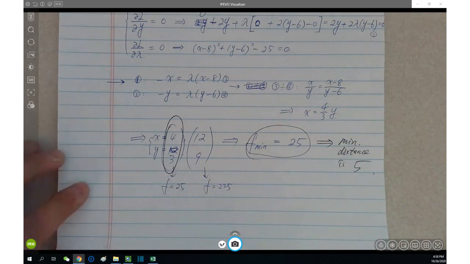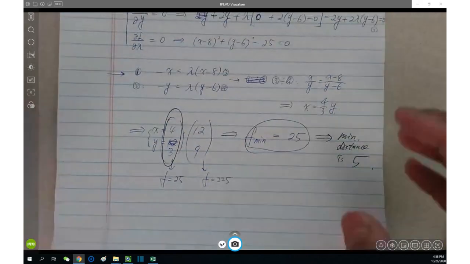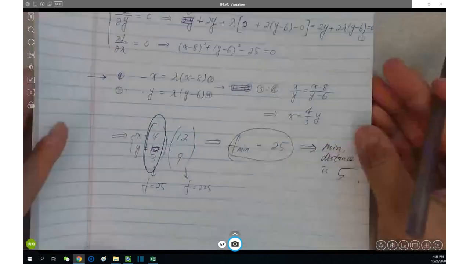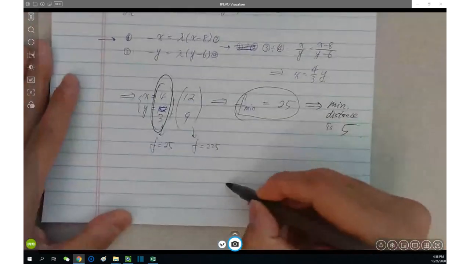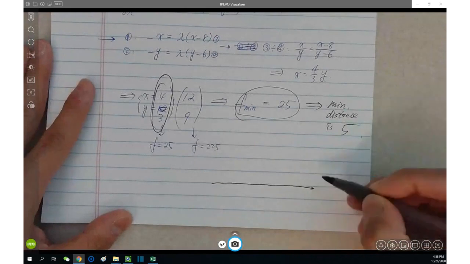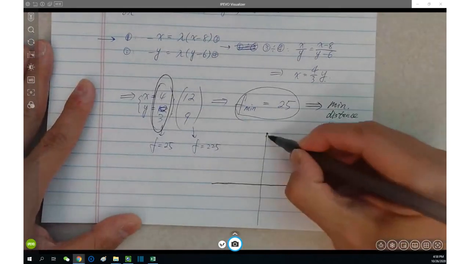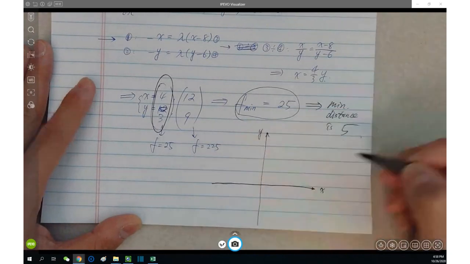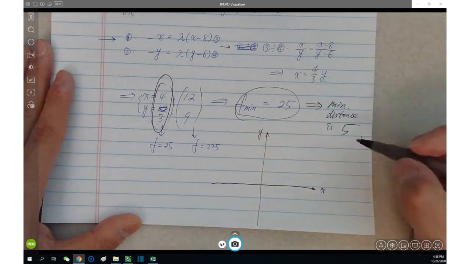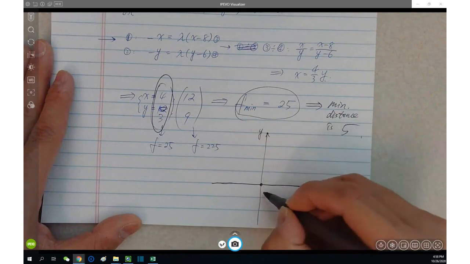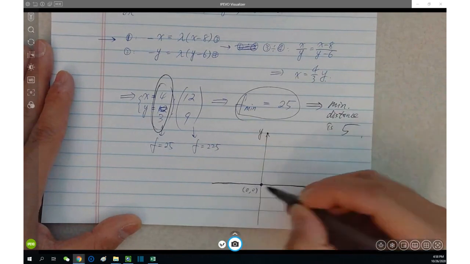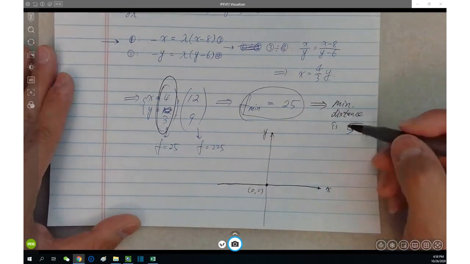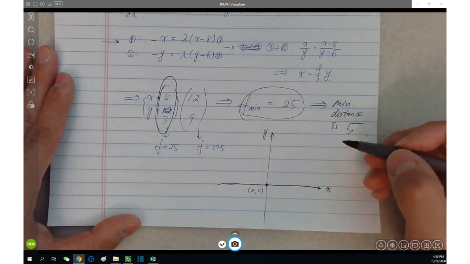So if you try to visualize this problem, what do you have is like this, right? Assuming this is x, this is y. First, you have the origin with coordinates 0, 0. And the circle is located at the center at 8 and 6.